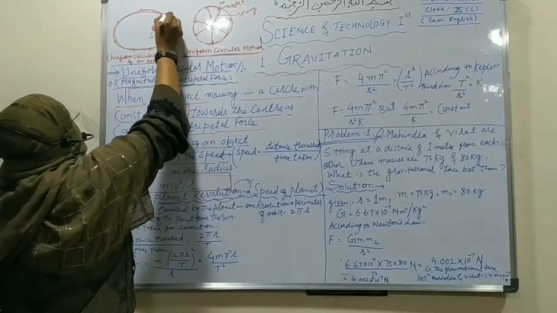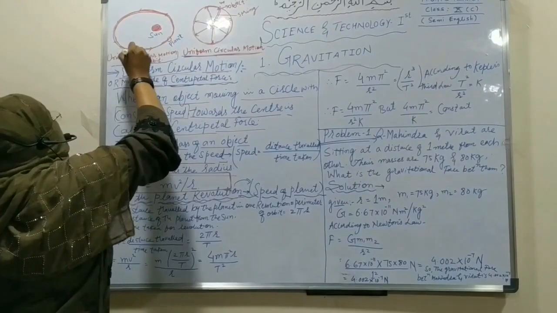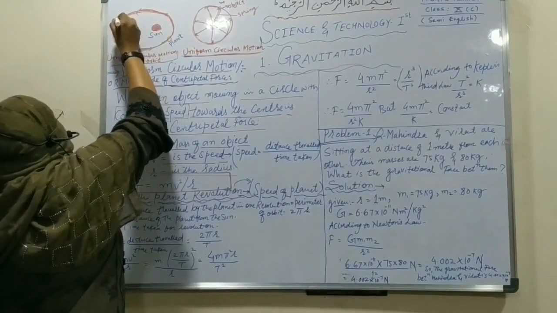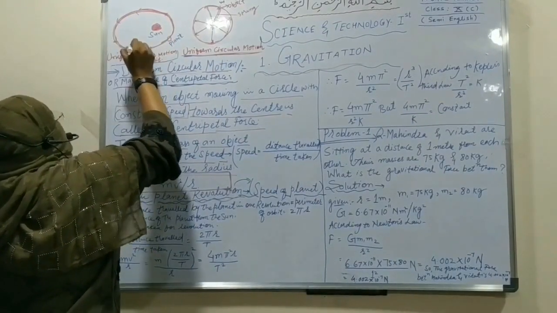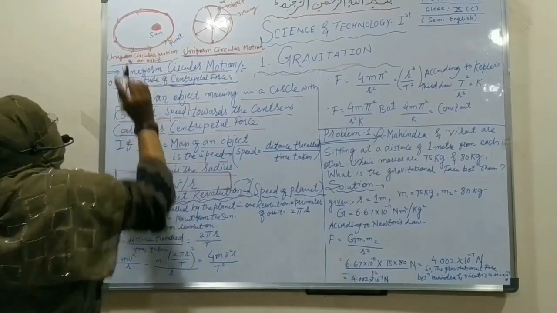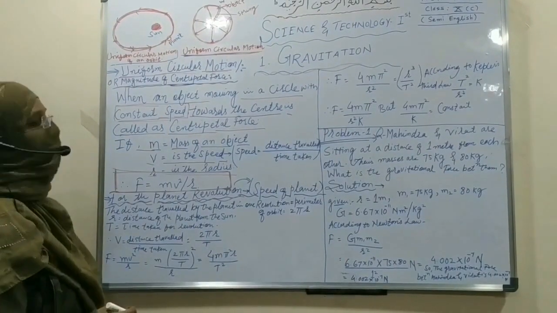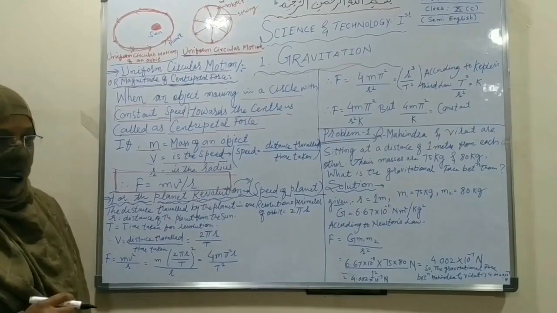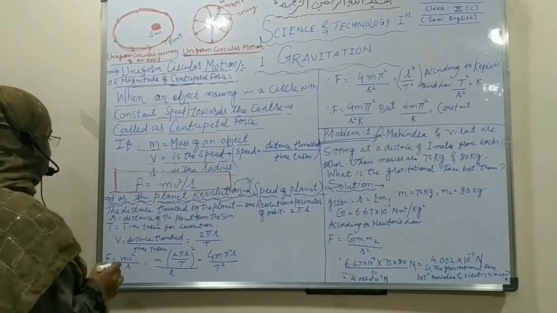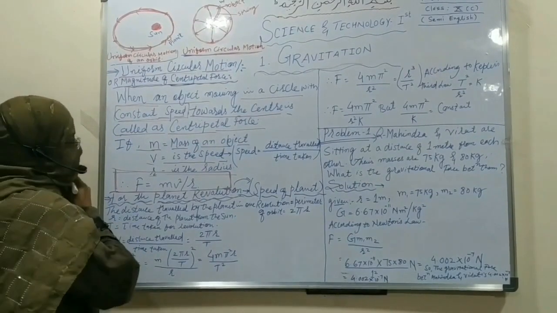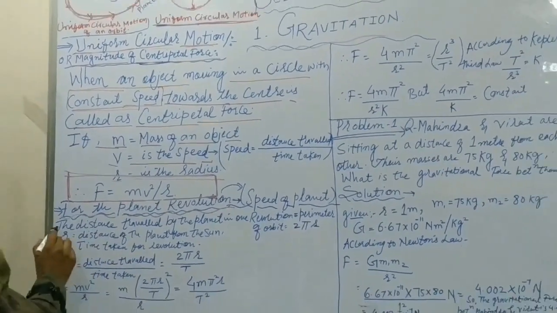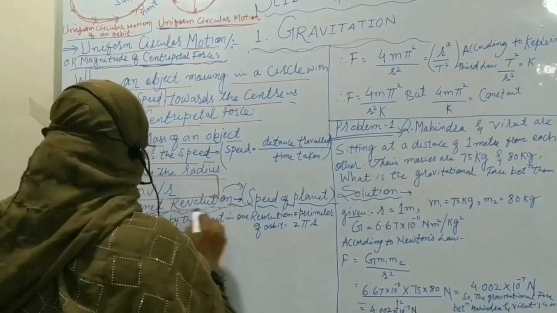If the planet rotates in the orbit at the same speed, it is called uniform circular motion in an orbit. So we have to derive this using the distance and the formula for revolution.